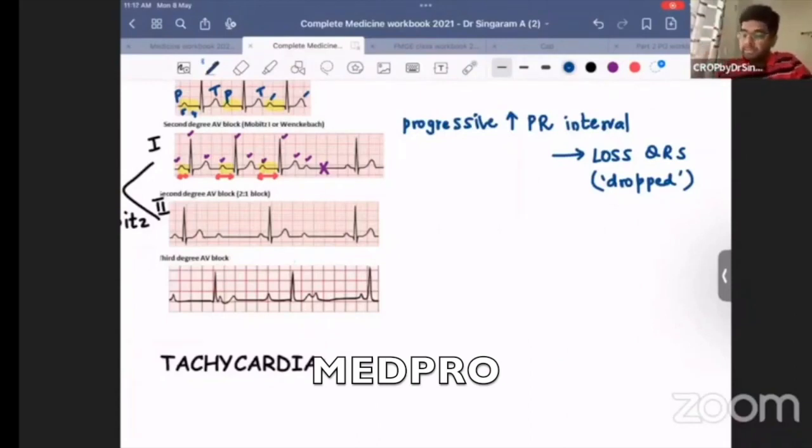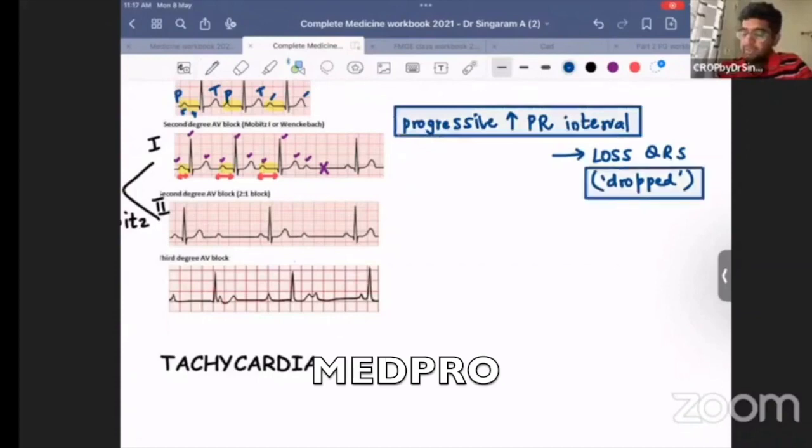This is the description of that: a progressive increase in the PR interval followed by a dropped QRS complex. It is also called the Wenckebach phenomenon. This is an important word for you to remember. Mobitz type 1 is also called Wenckebach phenomenon.